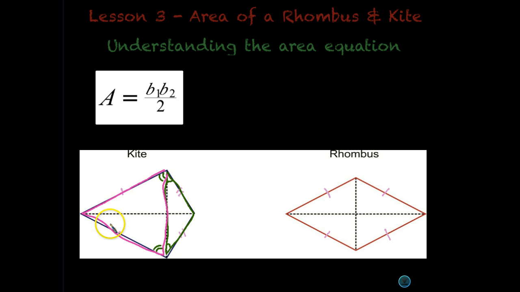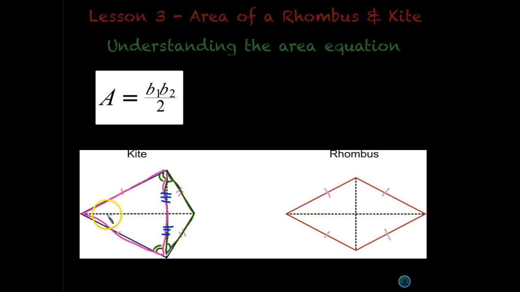Now, one thing that you need to know is that the long diagonal splits the other diagonal into two congruent pieces. So if I was going to put some marks on this, I could say that this segment is always going to be congruent to this segment. And that's an important property that you'll need to know in order to help you find missing measures.